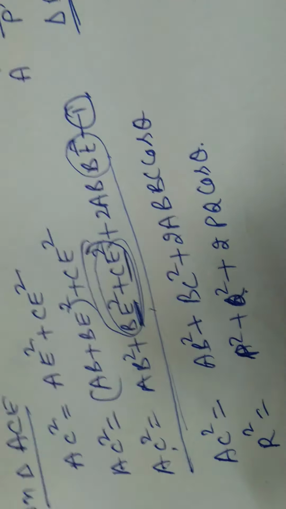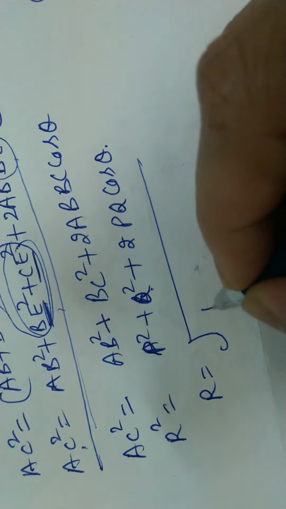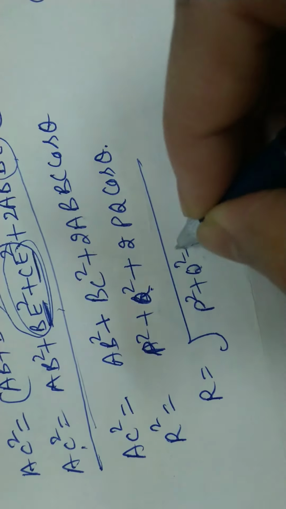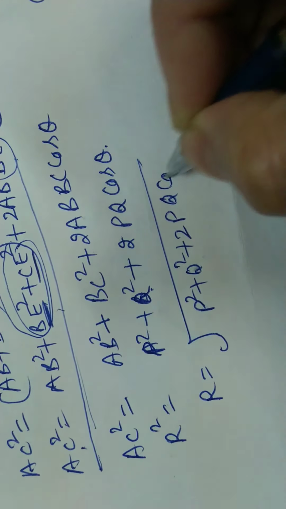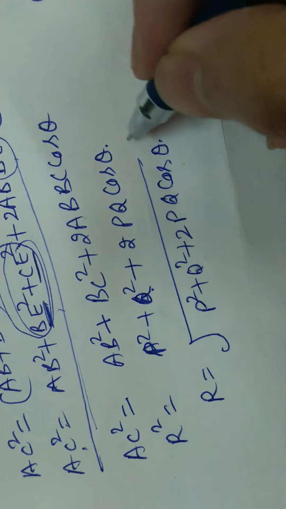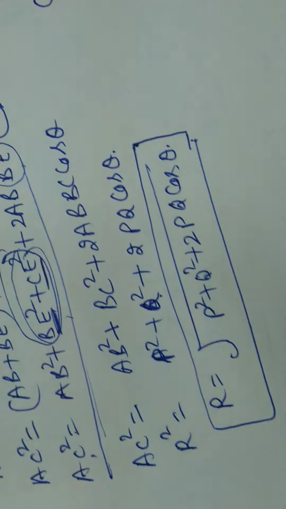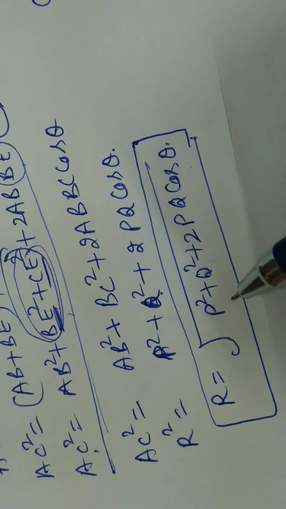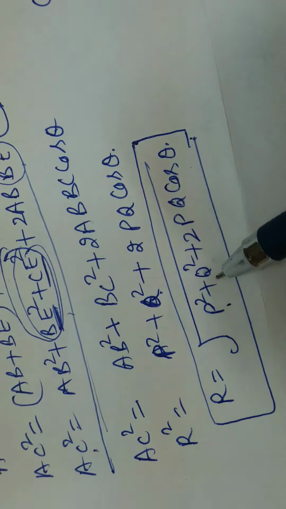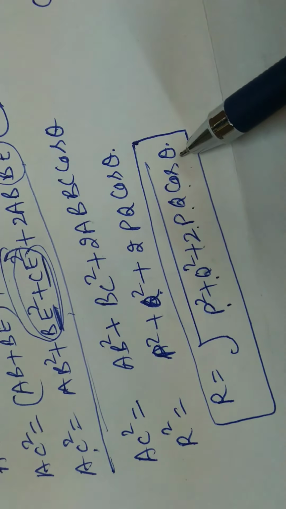And what is the magnitude of the resultant? Root of P square plus Q square plus 2PQ cos theta. This is the magnitude of the resultant vector by using the triangle law of vector addition.